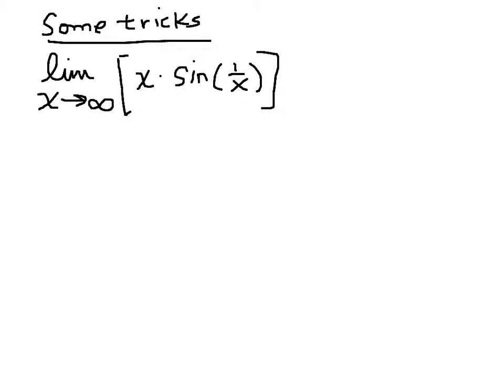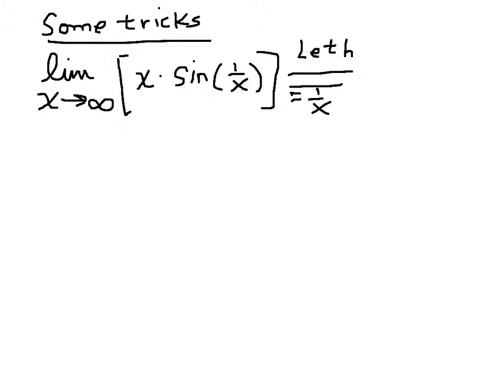Okay, so we'll look at 2 examples that use some interesting tricks. Now, when you look at this expression, by now you want to use L'Hopital's rule, but we're not in the form of a quotient. And so here's the trick that we use. What we're going to do is let h equal 1 over x.